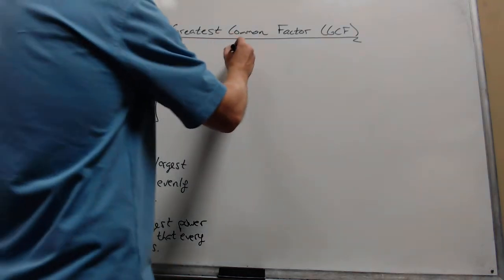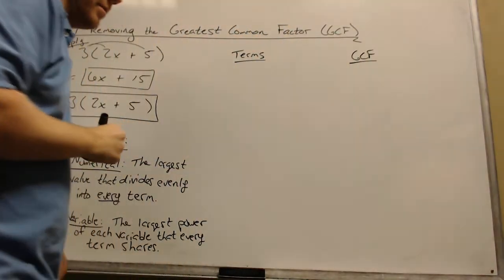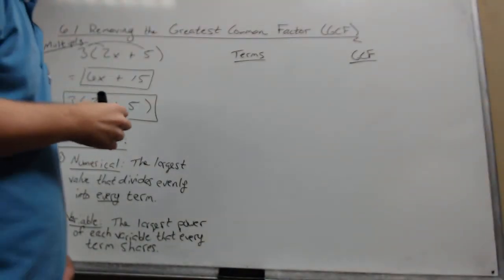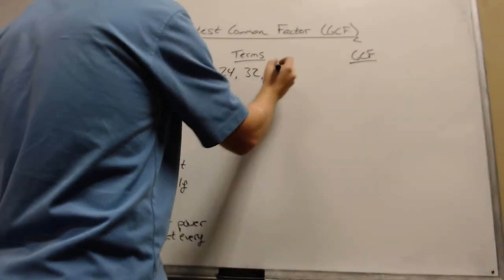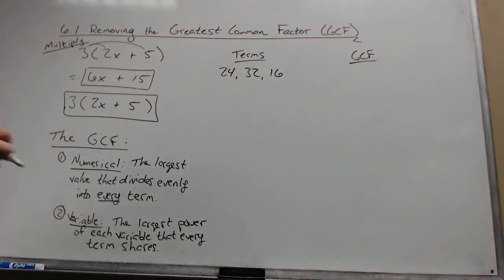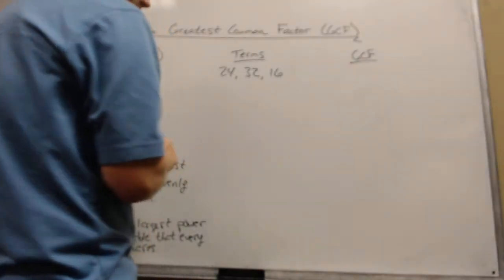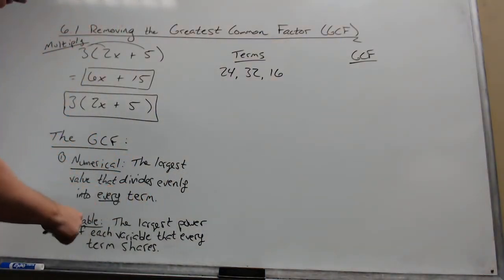So let's play a little game where I give you some terms and you identify what the GCF is amongst those terms. So if we just had 24, 32, and 16, the GCF between these three numerical terms, we're looking for the largest value that divides evenly into every term.